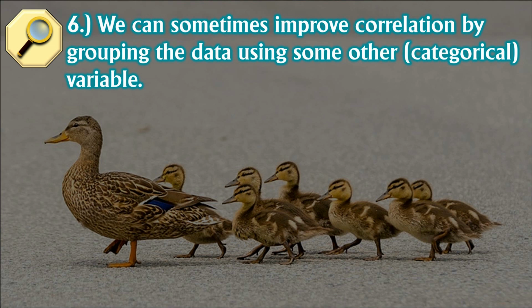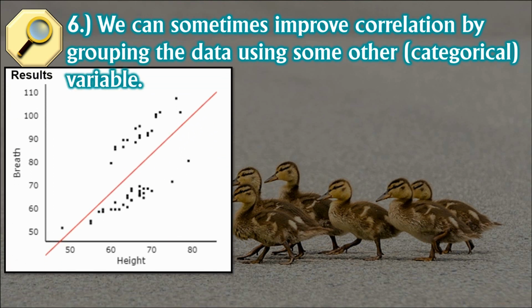Maybe I've got a scatter plot with information about how my two variables are correlated, but it's possible that if I were to group those data points further with some categorical variable, my correlation coefficient or my R squared, my coefficient of determination, might get better if there's some other variable impacting them. For example, suppose that I'm looking at this scatter plot, which looks at whether a person's height is correlated with how long they can hold their breath.